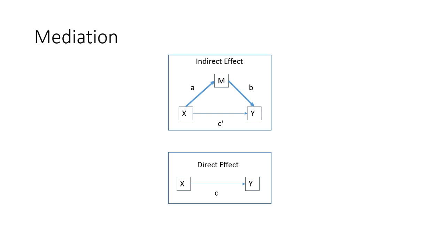Baron and Kenny also explain that a variable functions as a mediator when path A and path B are significant, but path C prime is no longer significant, so it's approaching or really is 0.